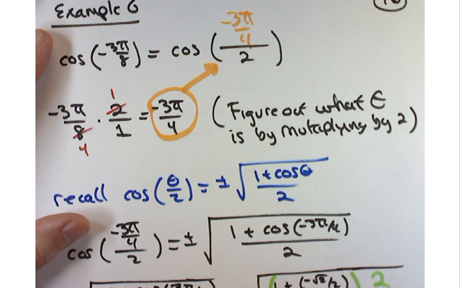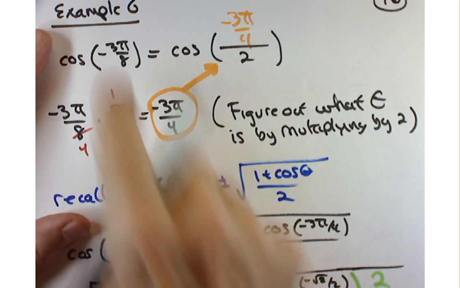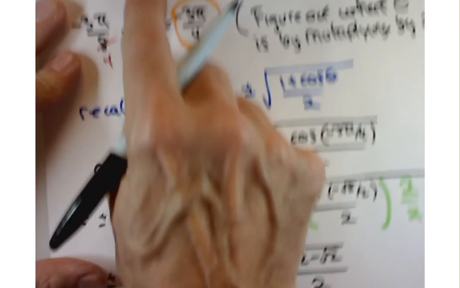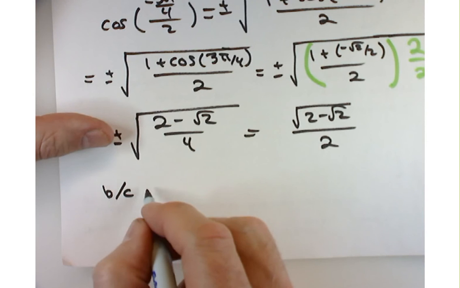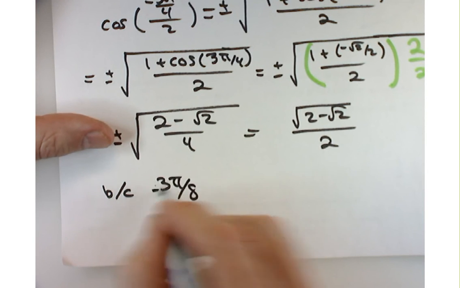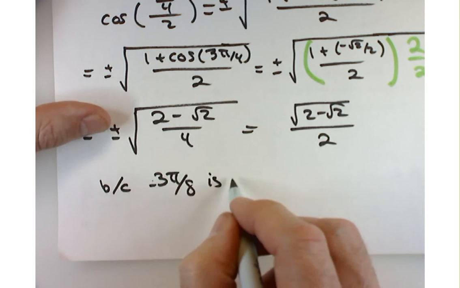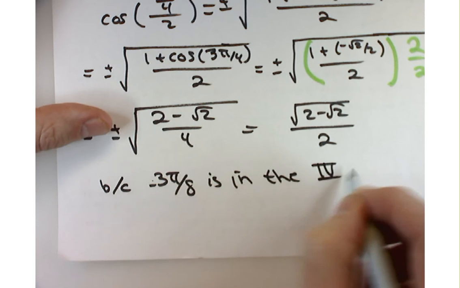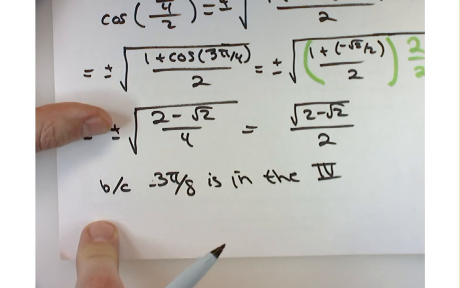Is that right? Yeah, 67.5 degree angle. So because, actually, negative 3 pi over 8 is in the fourth quadrant. All right, so it's a negative 67.5 degrees.